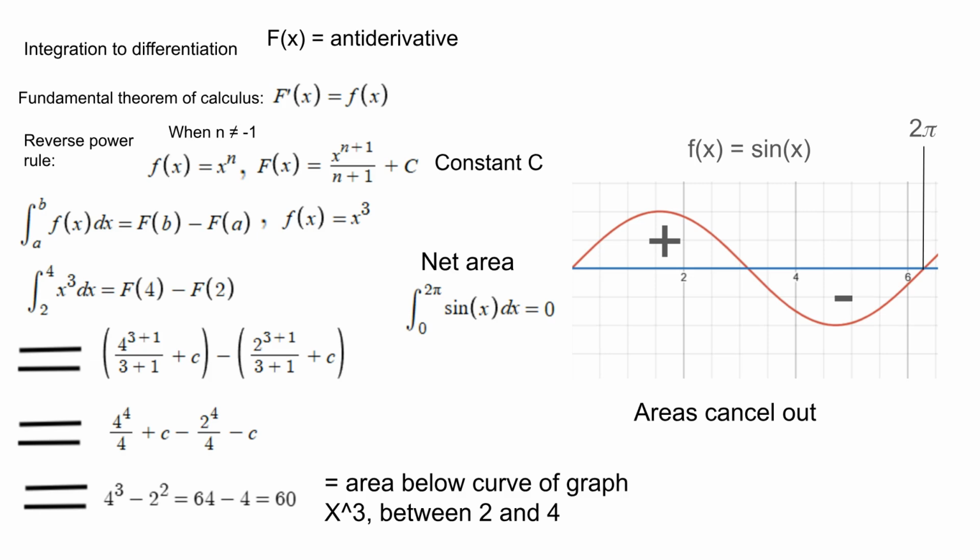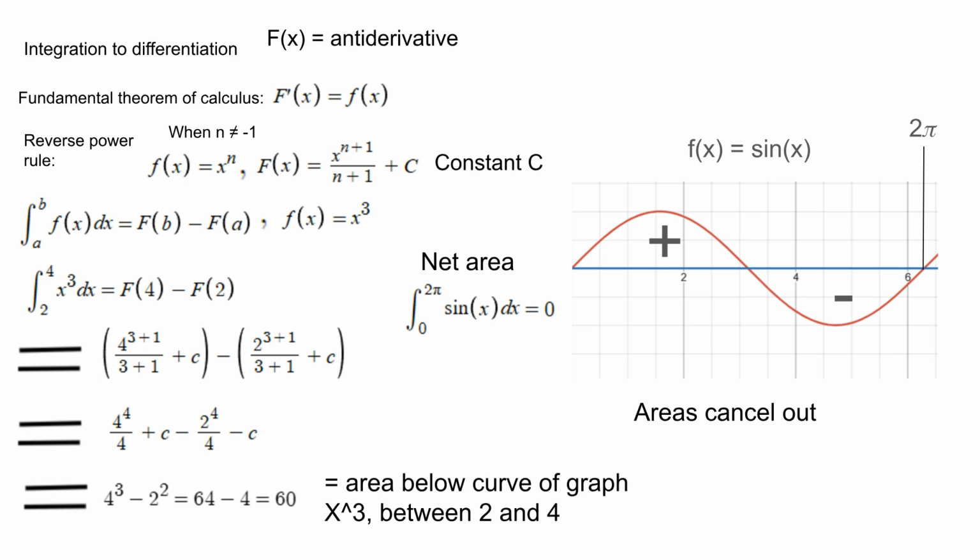If f of x equals x to the power of n, then capital F of x equals x to the power of n plus 1 all over n plus 1 plus c. The c is a constant, and it is the constant that we remove when we differentiate a function.